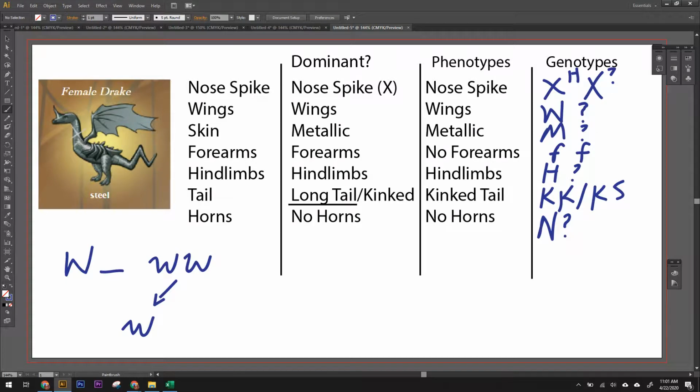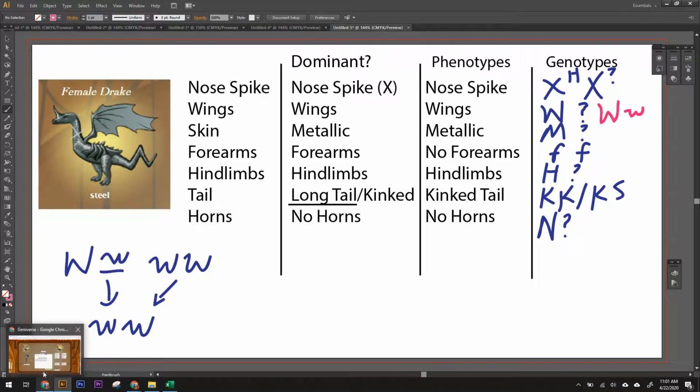Because there are some without wings, and that is a recessive trait, that means that mom also had to pass on a recessive allele. So we can say with certainty now that mom's genotype for wings is wings, no wings.